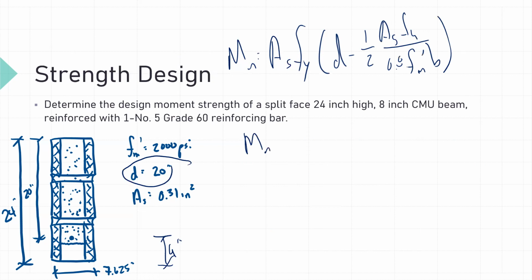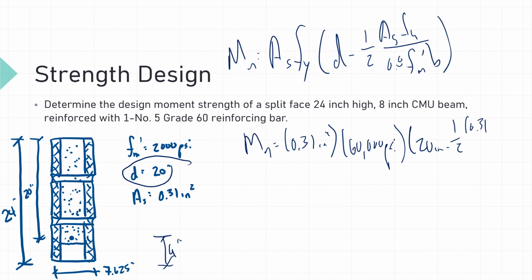So our nominal moment capacity Mn is 0.31 inches squared, our area of a number 5 bar, times 60,000 PSI, our yield stress for grade 60. We have d, 20 inches, minus 1/2 of our area of steel, 0.31 inches squared times 60,000 PSI, over 0.8 times f'm, which would be 2,000 PSI, our minimum, times b, 7 5/8 of an inch, so 7.625 inches.